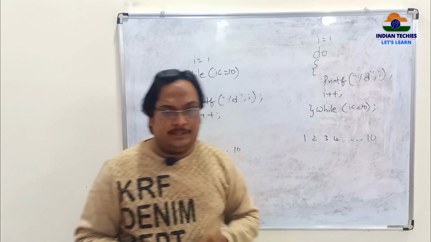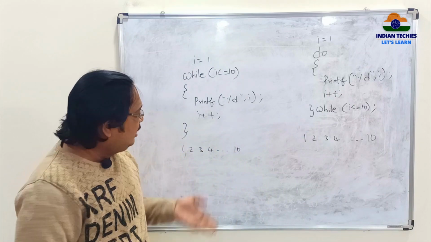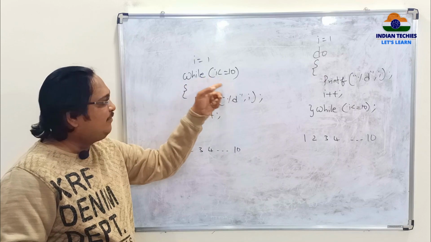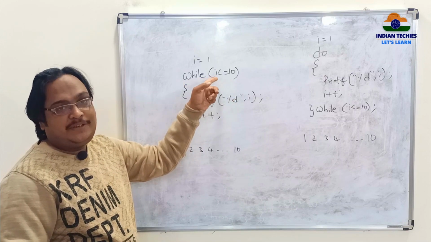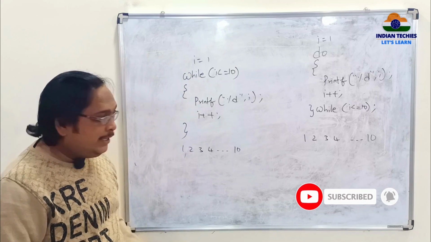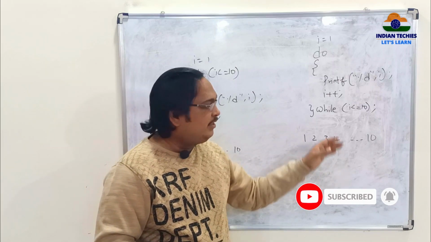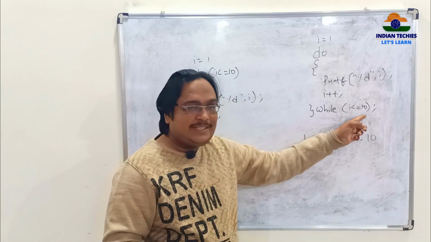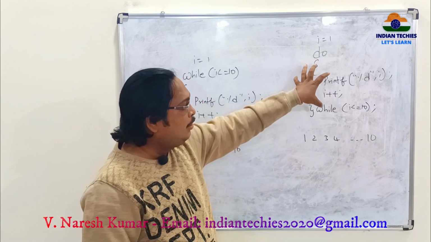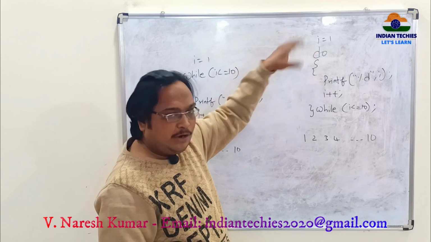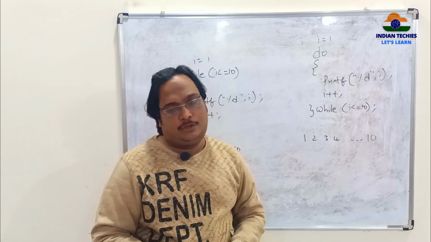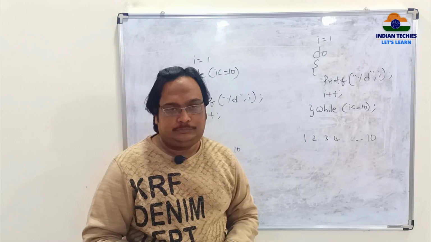This is the third difference. In while, if you are using any variable in the condition, that variable initialization should be done before the loop. But in do while, the variable required for this condition can be initialized in the do block. No need outside. Outside also you can do, but you can do it inside the do block also.